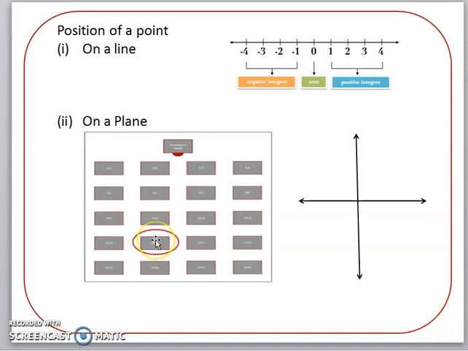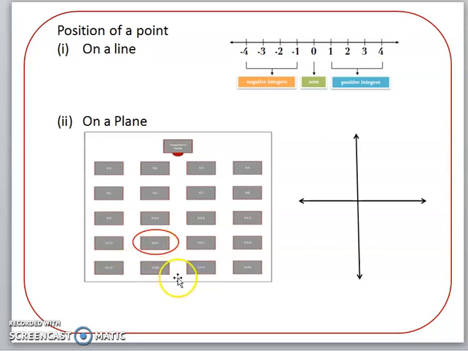Now this position is with respect to the teacher who is over here. Now if the position of the teacher changes and if she comes here, then position of the student with respect to her will also change. Now from this side if you see, the student will be in second row and in second column.